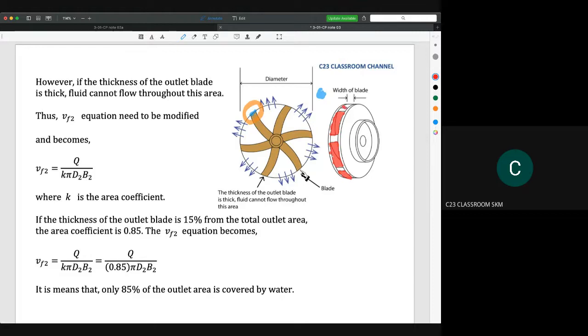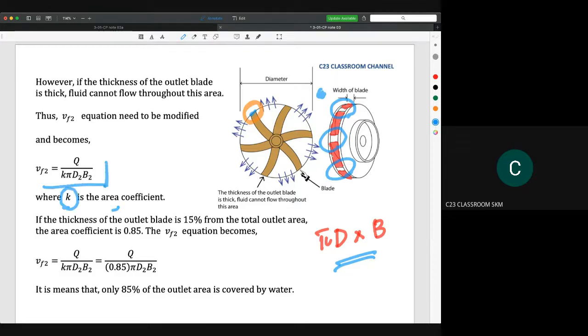Water only comes out at this area. So the calculation of pi d times b is not correct anymore, because we have area that is not included in the calculation. So what we need to do is add the area coefficient K here.